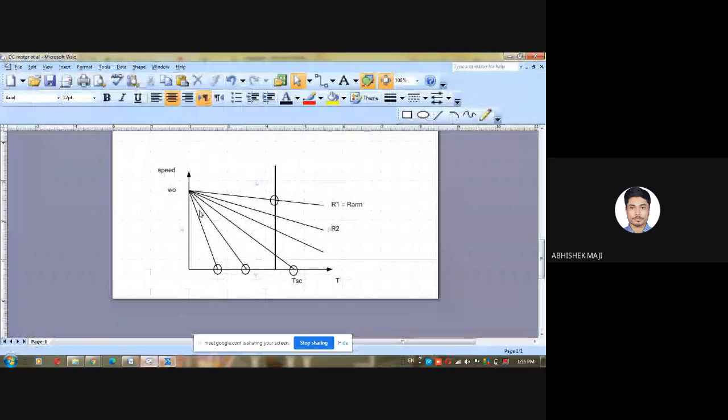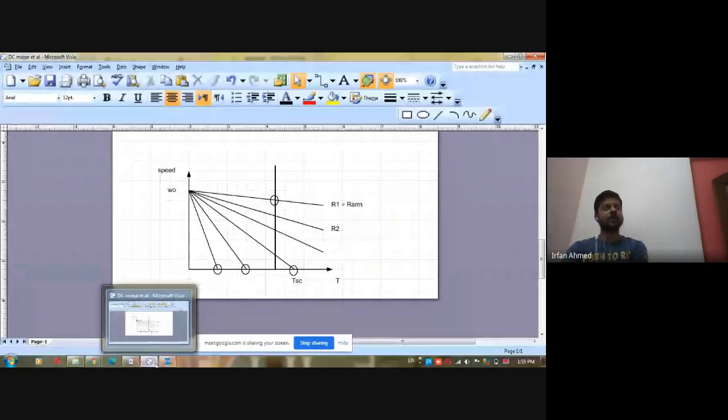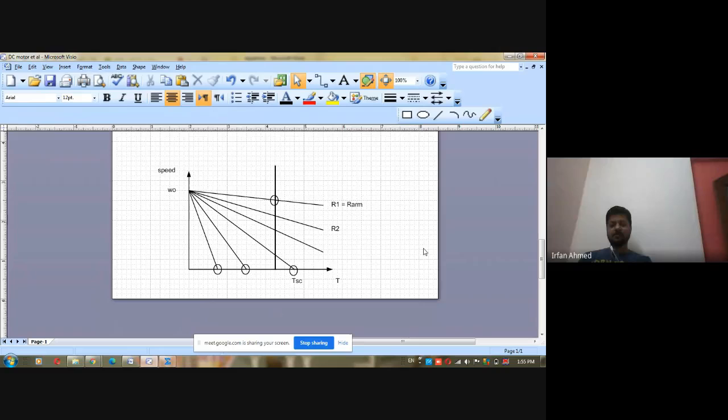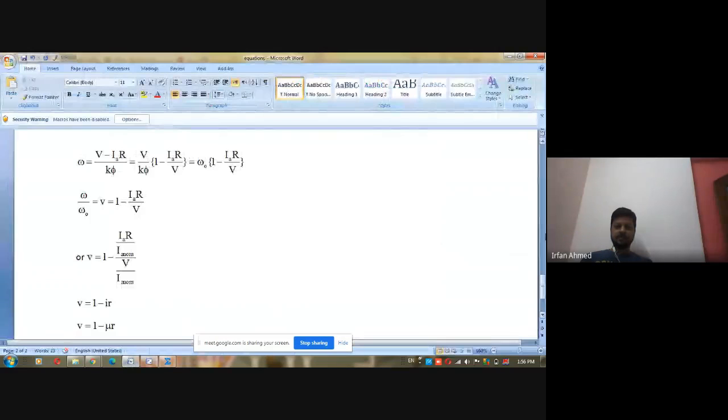So when rated current flows, the ratio of terminal voltage to that current. That is the wrong answer. The equation says that, but the answer is wrong. Define, and define means you should be able to find the nominal resistance through that definition. The answer is here in this diagram that we see on the screen, or in the equations that we have just seen.